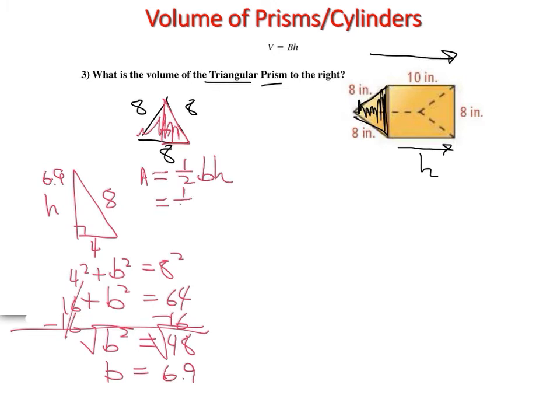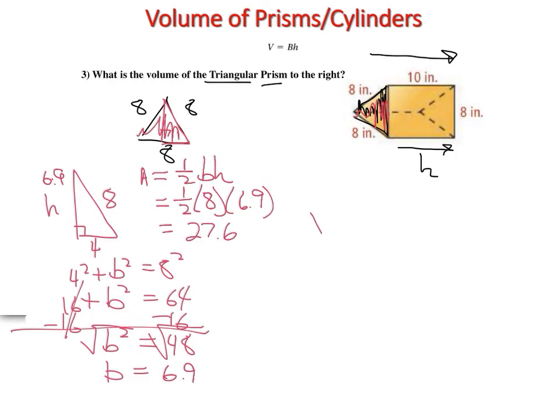So that's 1/2 times the whole base of 8 times the height that we just calculated, 6.9. Typing that into the calculator, we get 27.6 for the area of that bottom.